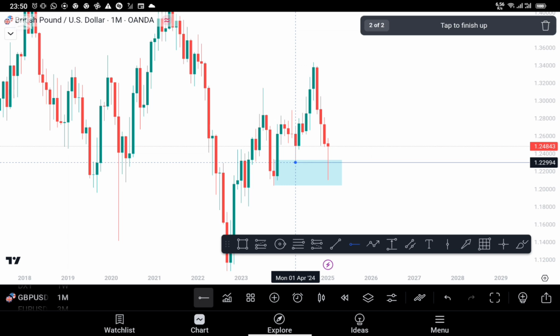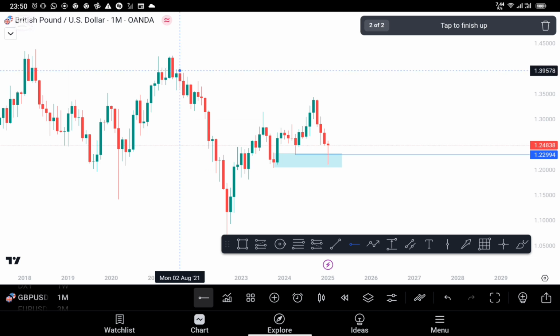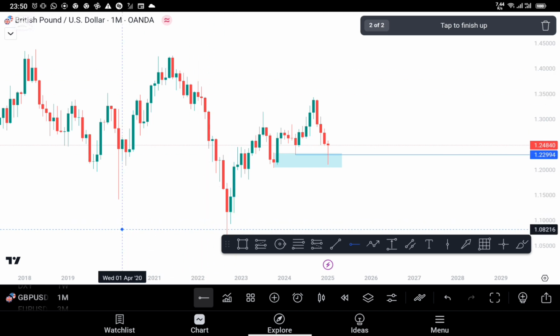GBPUSD, because we are trying to synchronize GBPUSD with EURUSD and against DXY. So we formed a low here. Okay, we were in a downtrend here. We swept liquidity here.